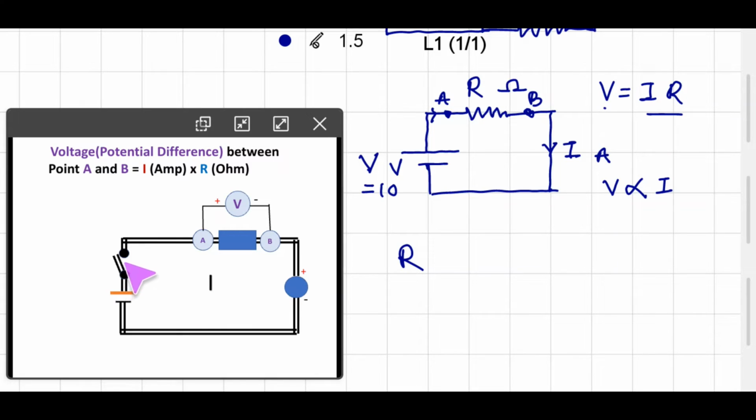Now when we connect this switch, the current will start to flow through this resistance. Here it is battery positive, this is battery negative, this is the resistance and milliammeter, and once the switch is connected you see that the current is passing through this resistance.